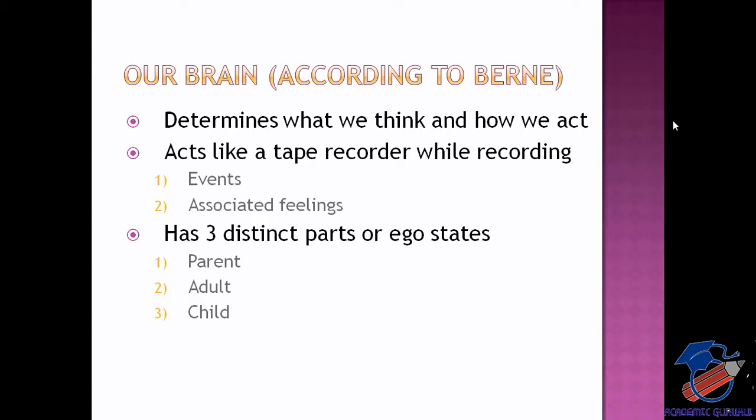These ego states are formed on the basis of grouping of thoughts, emotion, and behavior. So let us talk about these ego states. Three modes of behavior are: we may act as parent, we may act as adult, and we may act as child.